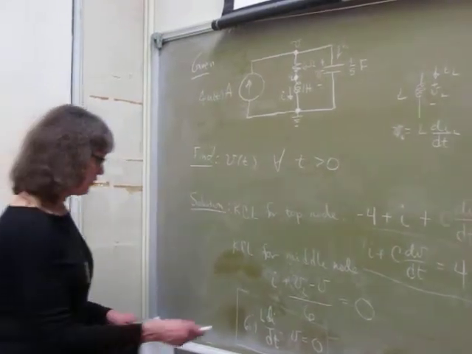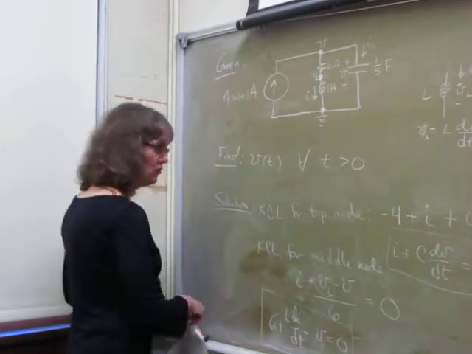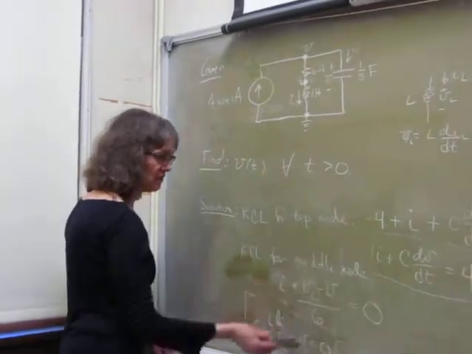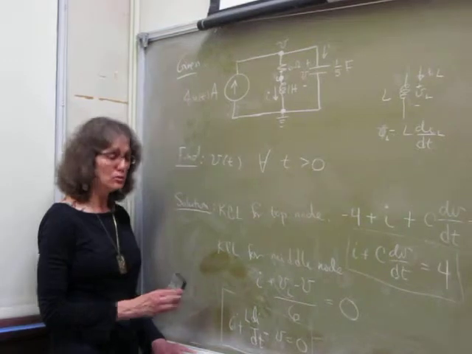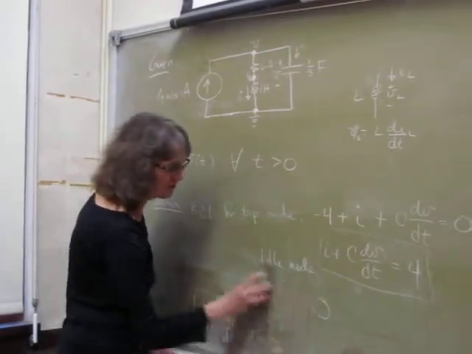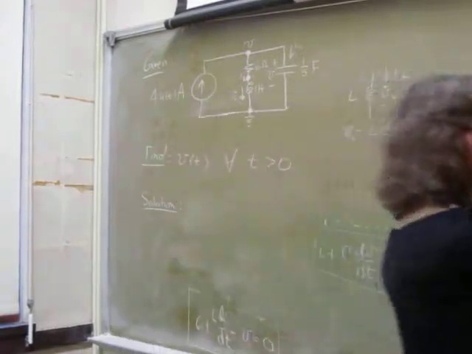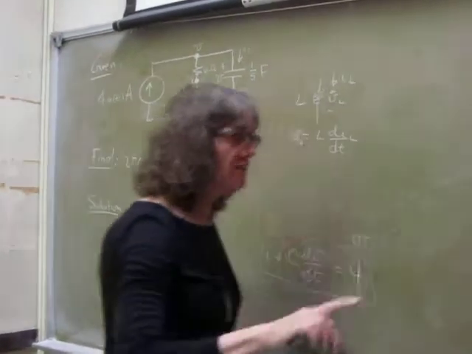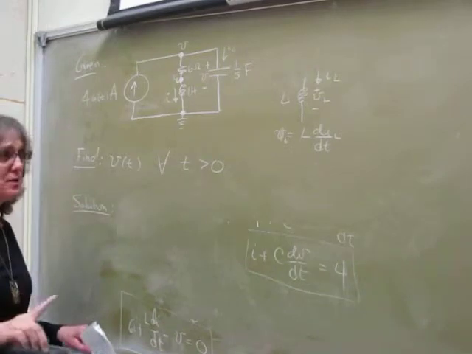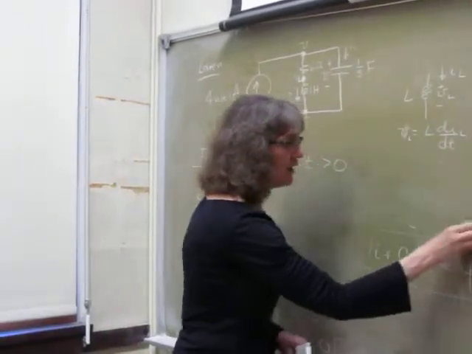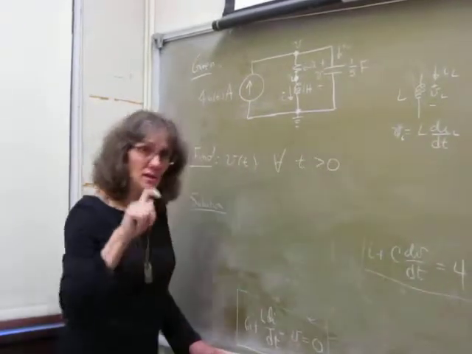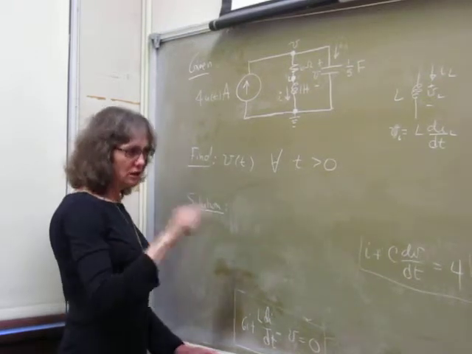Great. So I'm going to erase everything except those two equations in the two unknowns, because that was the whole purpose of this first part of the solution, where I'm looking for the differential equation. To get the differential equation, the first step is to find n equations in the n unknown state variables.